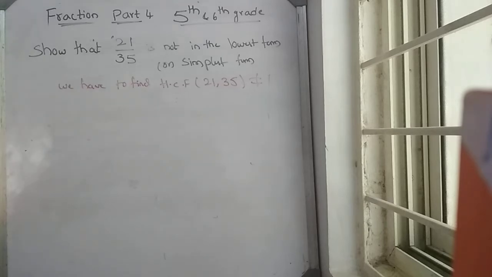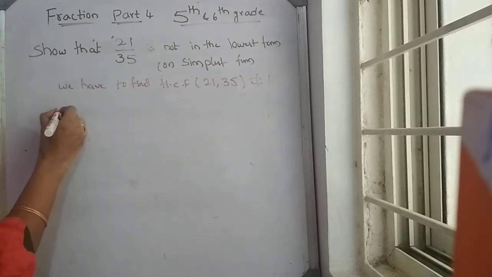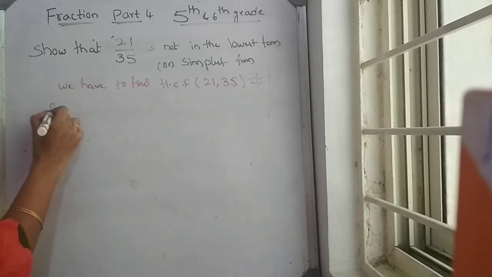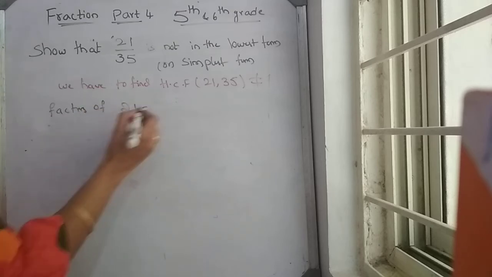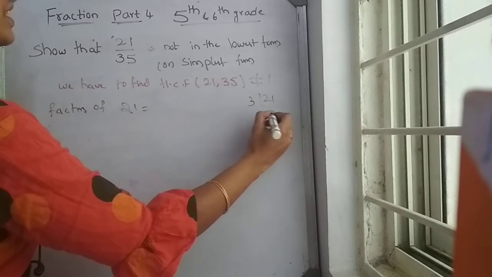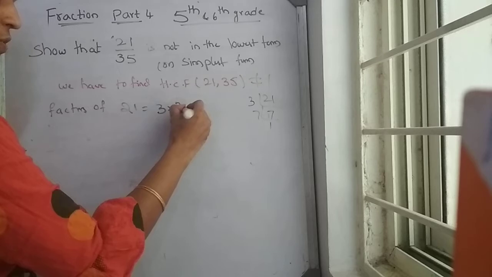First we find the common factors of 21. We know 3 sevens are 21, 7 ones are 7. So 3 into 7 into 1.